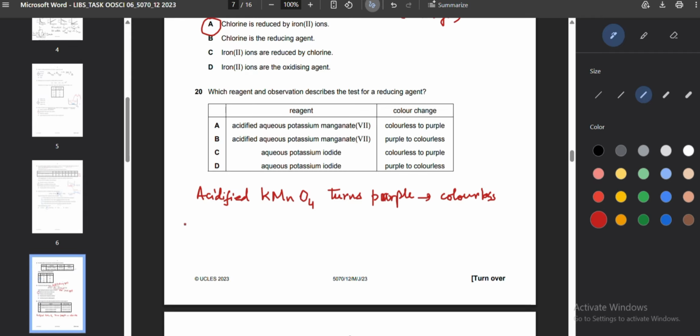Whereas aqueous potassium iodide turns from colorless to brown. So which one would be the correct option? It is option B, acidified aqueous potassium manganate, for which the color changes from purple to colorless.